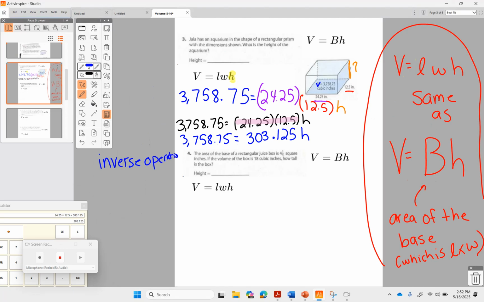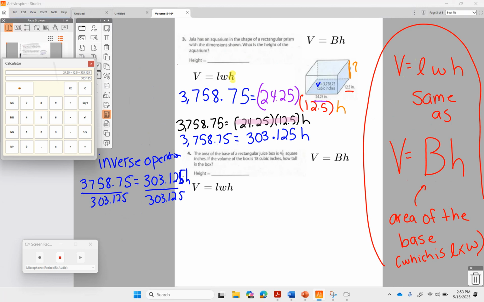This is multiplication, right? I'm going to do my work over here because I'm running out of room. Okay, so I am going to divide both sides by 303.125. The reason I do that is to cancel it out, meaning 303.125 divided by 303.125 is 1. If you're not sure, you can even check it.